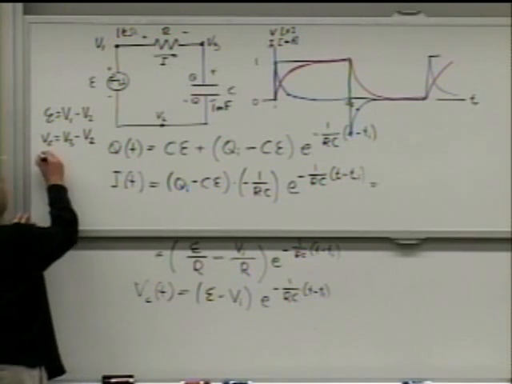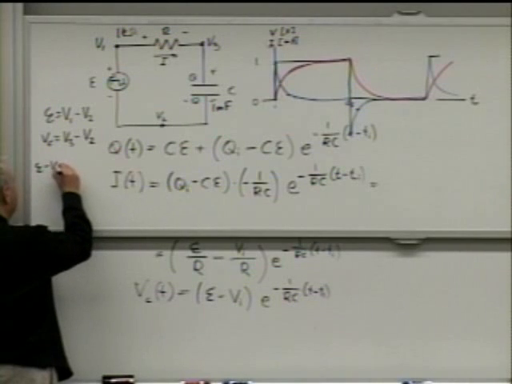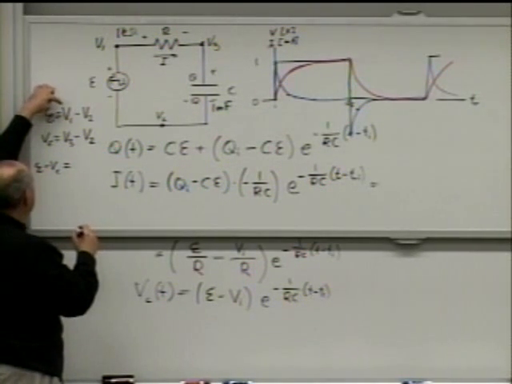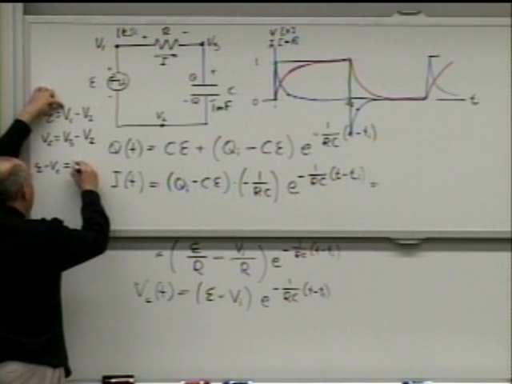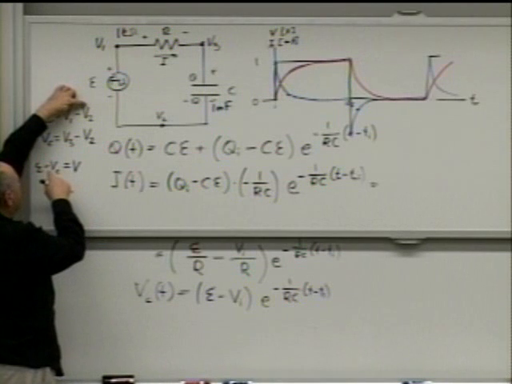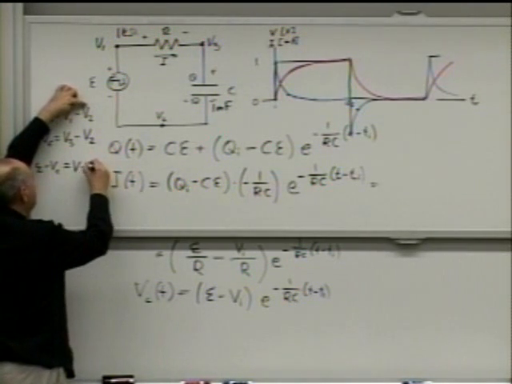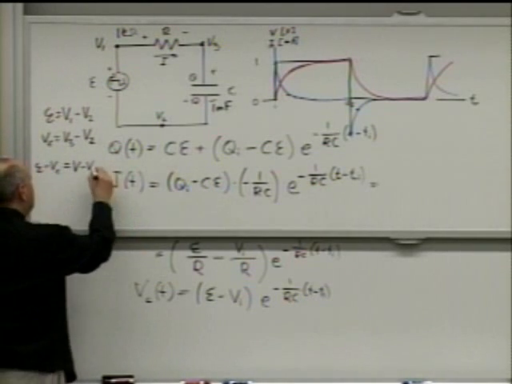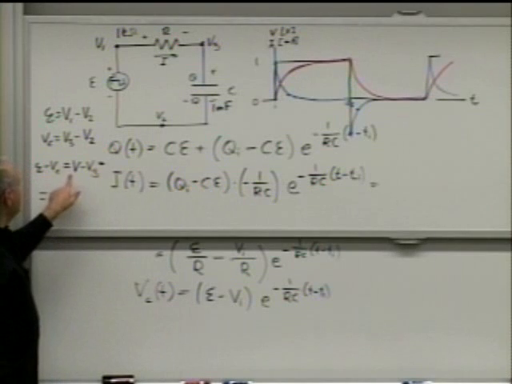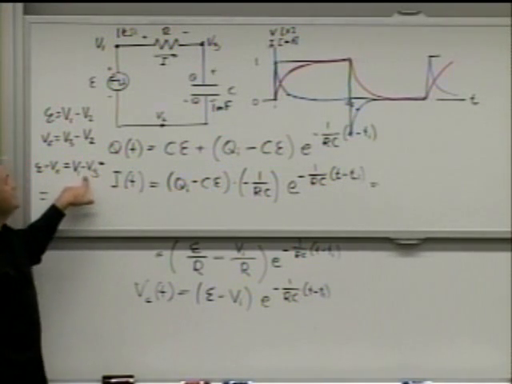Now see what will happen if I subtract those two: electromotive force minus voltage across the capacitor. It will give me V1 minus V2 minus V2, so it's 0, minus V3. And what is that? V1 minus V3.